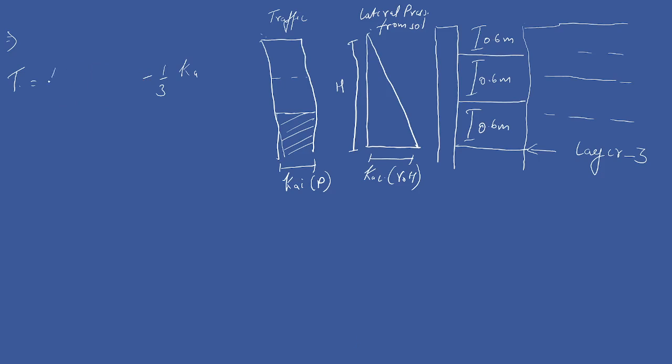So we know the area is half into H into Ki into gamma naught into H, right?